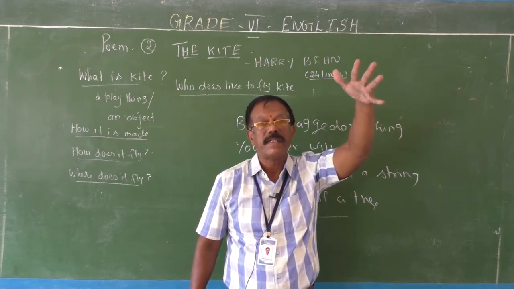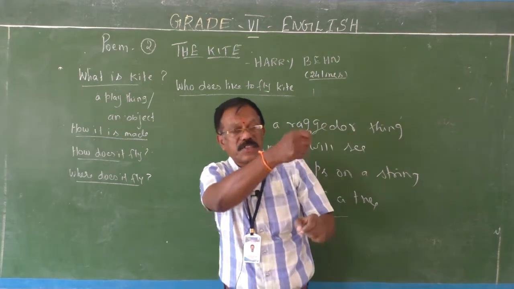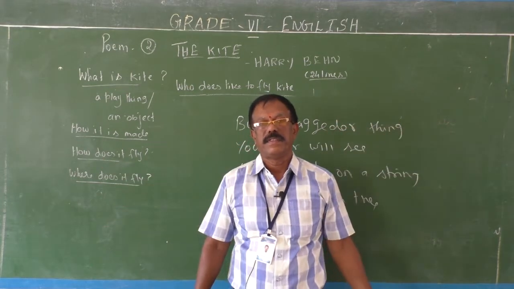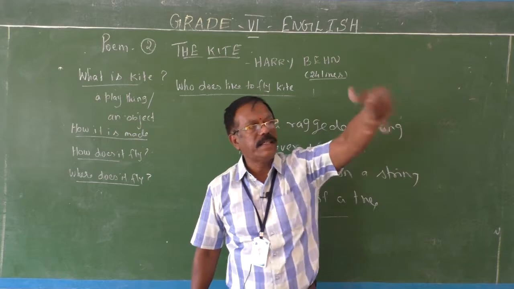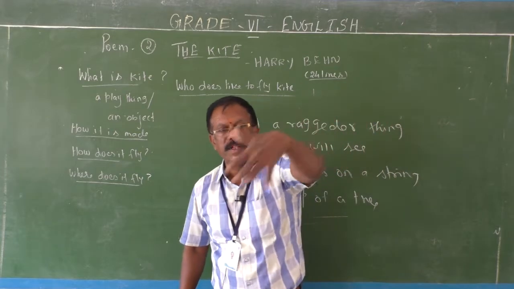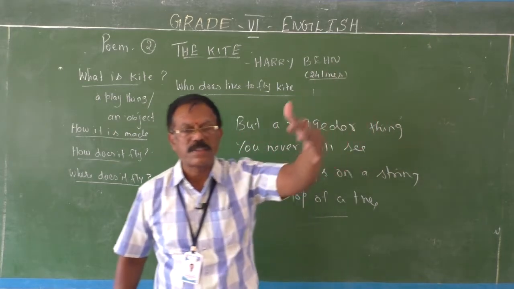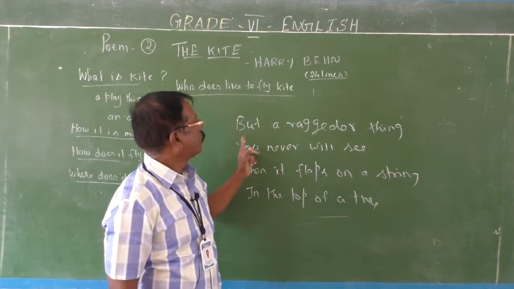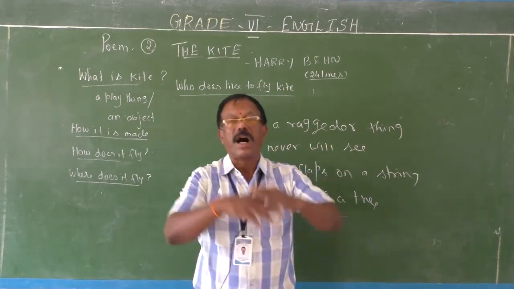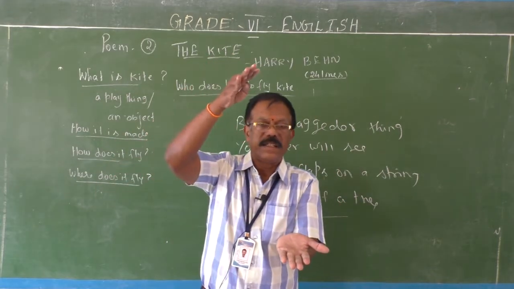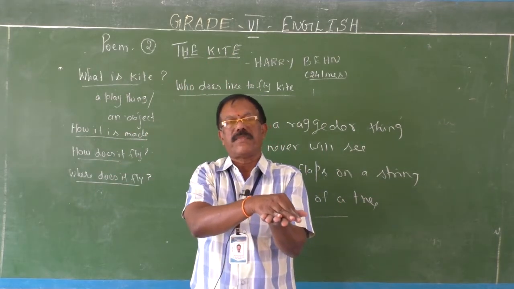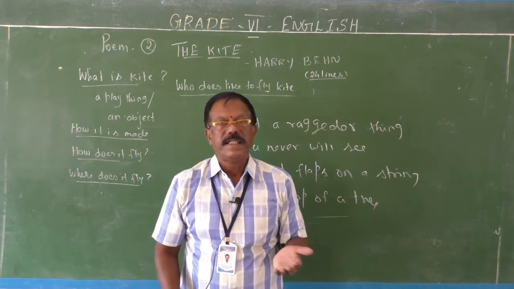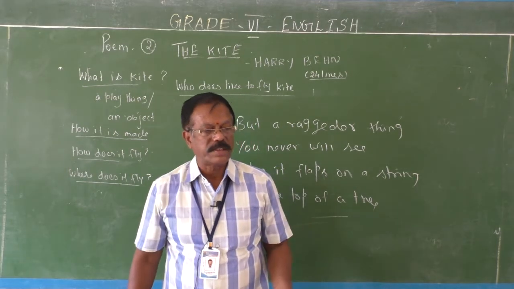What happens? All of a sudden, when the string which is attached with the kite is cut off, then see, like this, the downward movement, it comes so fast and falls on the top branch of the tree. So gradually down. When the kite falls on the top of the branch of the tree, when the string attached with it is cut off, then it becomes so taut.